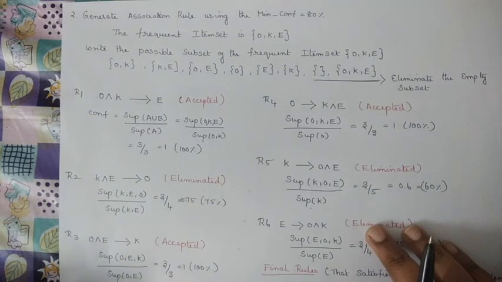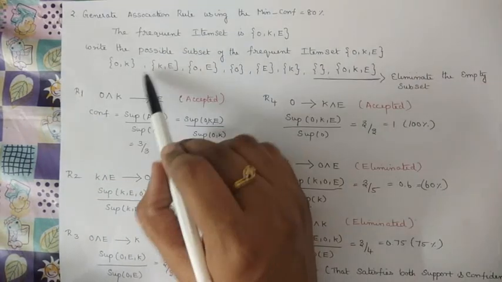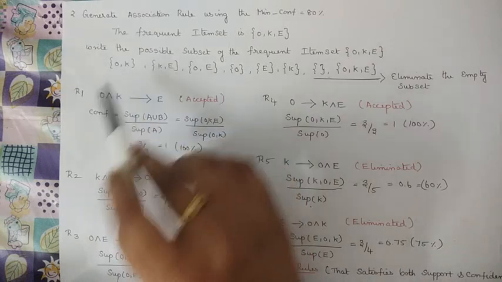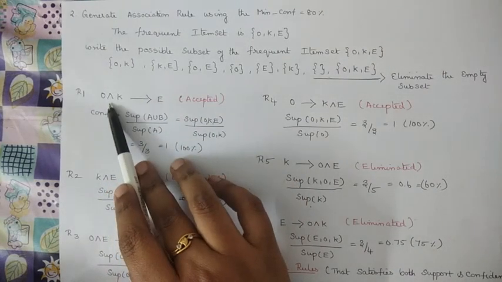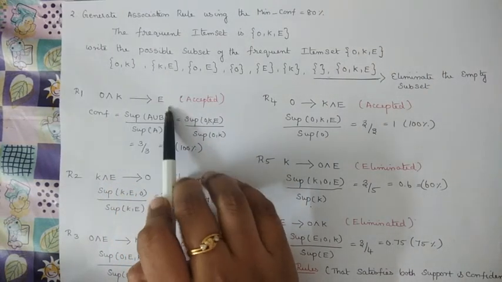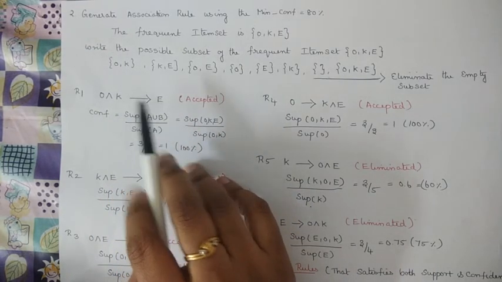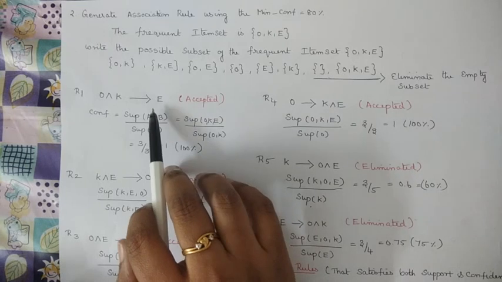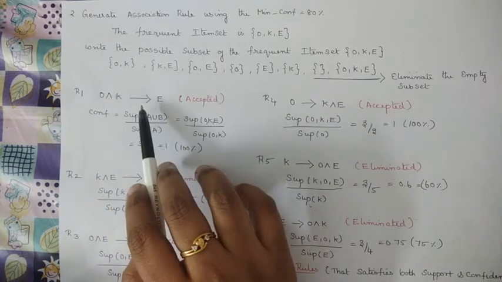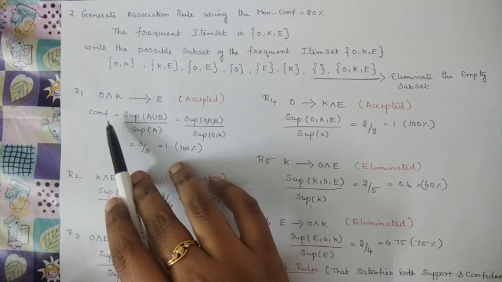The first rule I am going to generate is with OK. My rule 1 is O and K implies E. If someone gets O and K, that implies they may get E also. That is what this rule implies. Now I find the confidence.